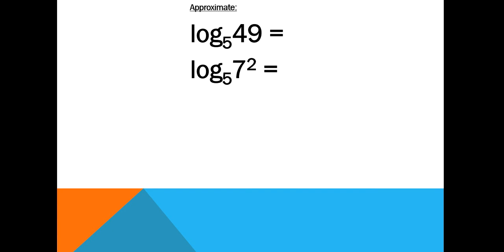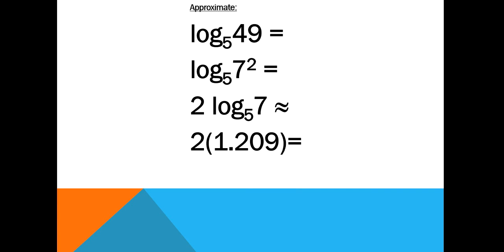Using the power property, now I could use the product property and separate it into an add, but what would be even easier is to use the power property, bring that 2 out front like this, and now, since I know what log base 5 of 7 is, plug that in, and then 2 times that is 2.418. Okay?